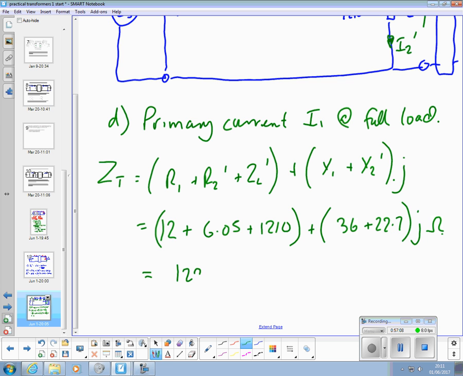I make that 1228 plus j58.7 ohms. There's a chance we could need it in either form eventually, so let's have it in transferred form as well. I make that 1229 ohms angle 2.73 degrees.